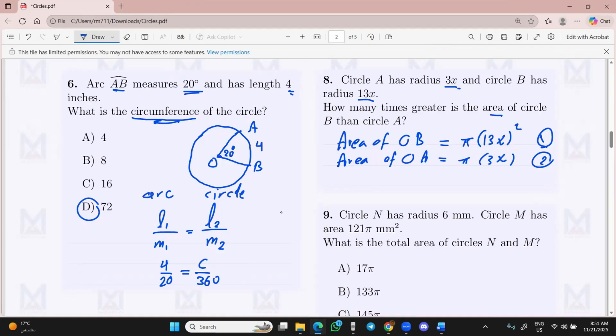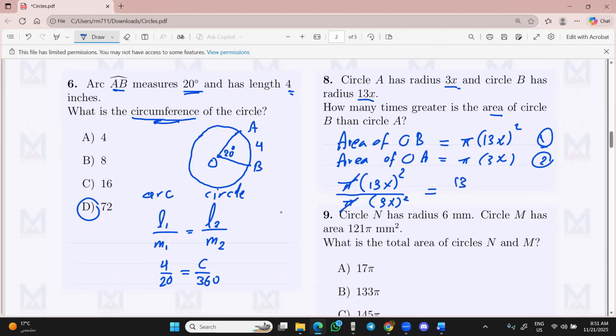I mean the ratio here is pi times 13x all squared over pi times 3x all squared. Let's make it simple. Just cancel out these pi's.